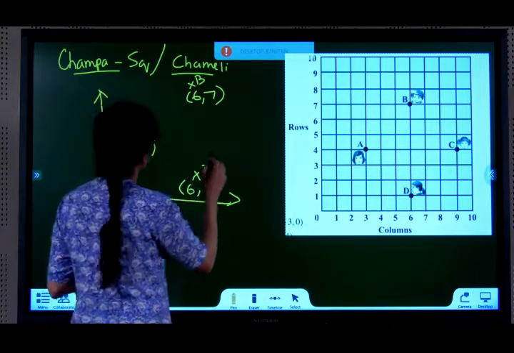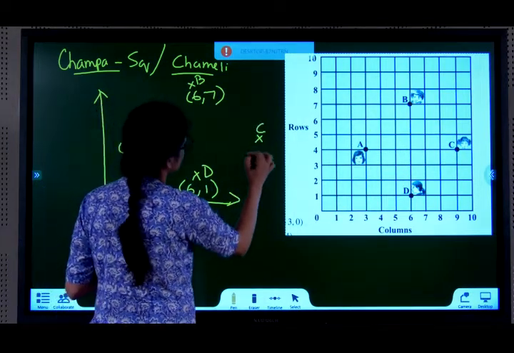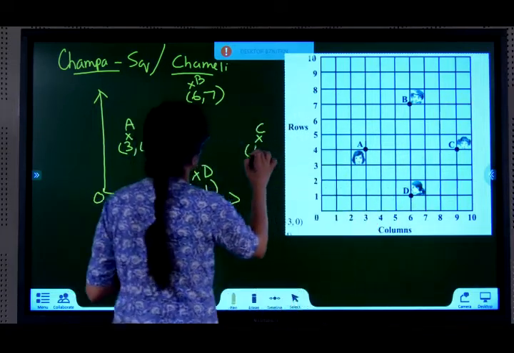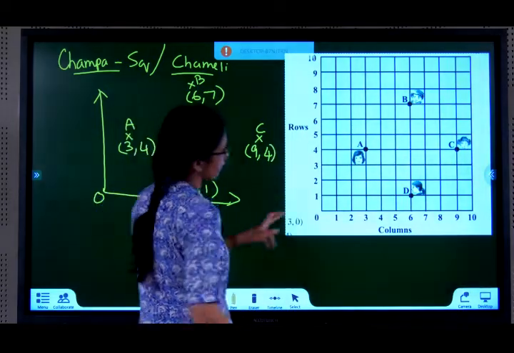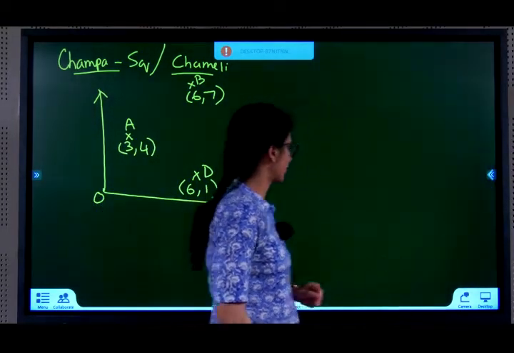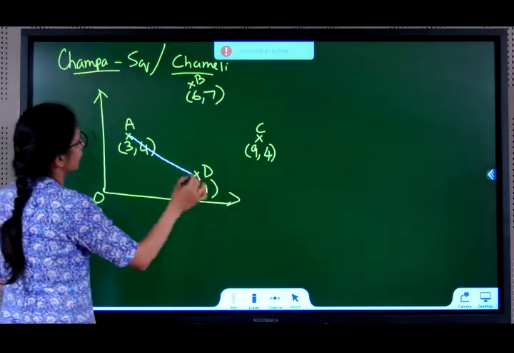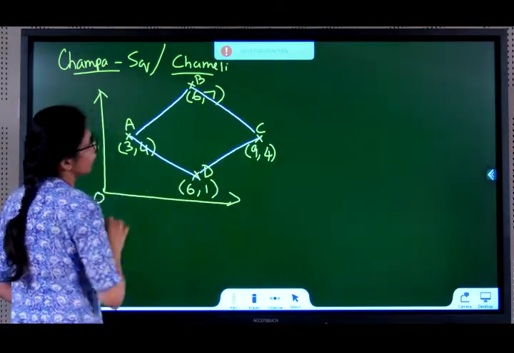And see C, 9, 4. We have to check whether it's a square. So these are your 4 points given. Is this going to form a square or not?